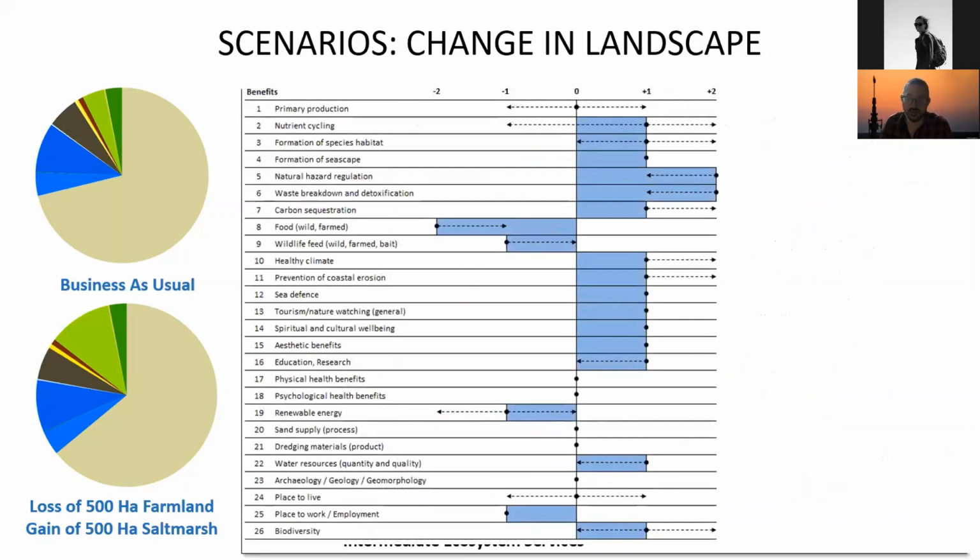You can see here quite a different one to the previous slide. Now we're seeing more of a net positive change in benefits as we move from arable land to salt marsh. For example, we're seeing much stronger formation of species habitat. We may see a decline in food production, of course, which would be expected, and a whole range of regulatory services such as coastal erosion, sea defence in particular, tourism, aesthetics.